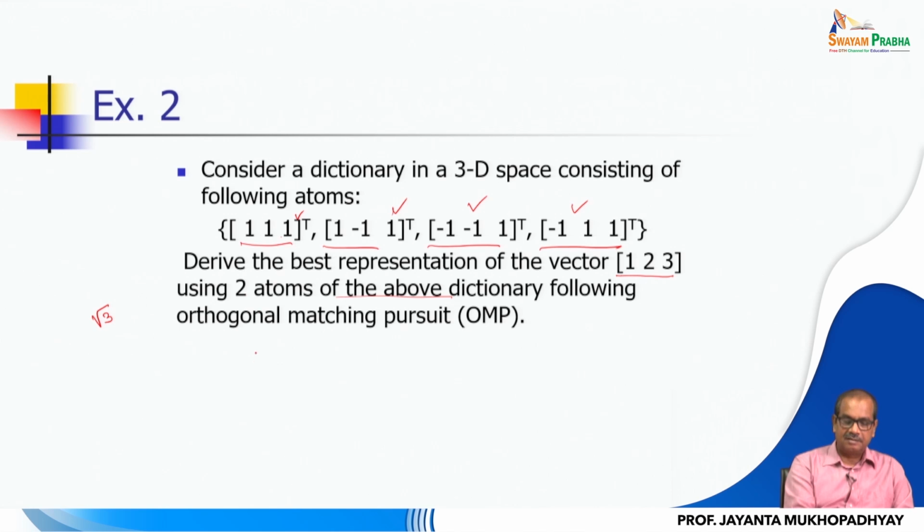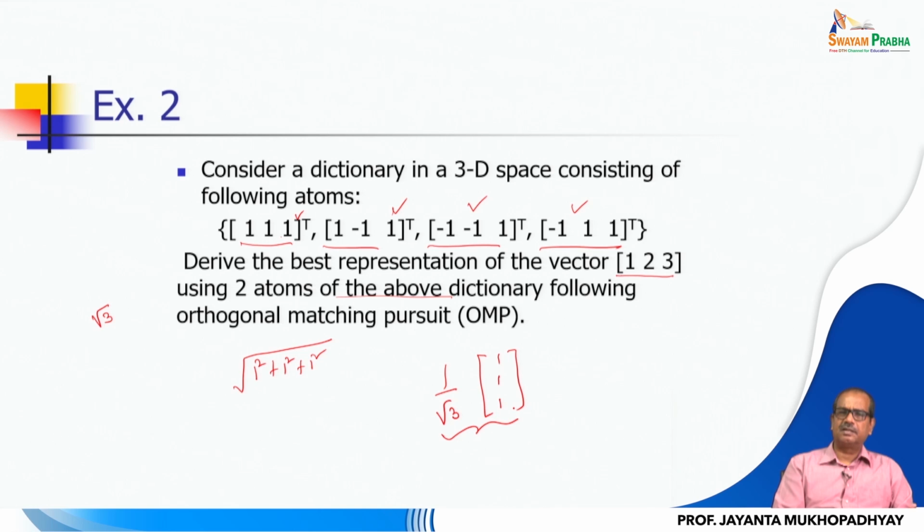You can check: 1 square plus 1 square plus 1 square for each one of them. For a unit vector, it is basically 1/√3 multiplied by this vector. Since it is always 1/√3, we will simply ignore this part while doing the expansion, just for computational convenience.